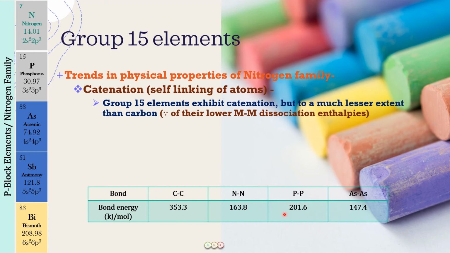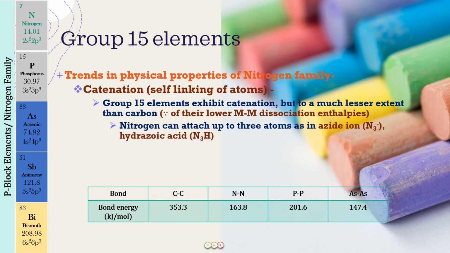Then phosphorus, it is 201.6. Then we go on to arsenic, it is 147.4, and it is going to decrease further. So we see that there is a tendency even in the case of the group 15 elements to show catenation, but not to that extent, because the single bonds are not as stable as in the case of carbon-carbon single bonds.